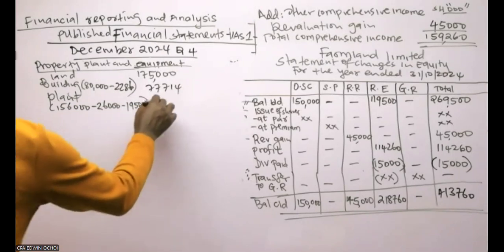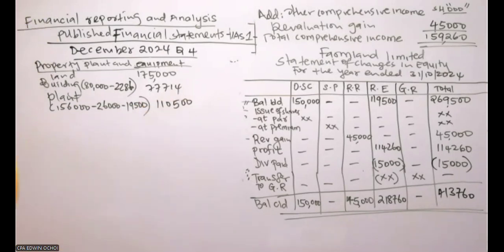That is 110,500. So the total will be 363,214.